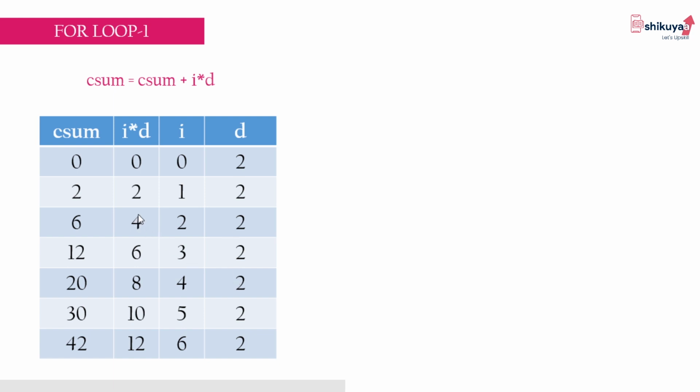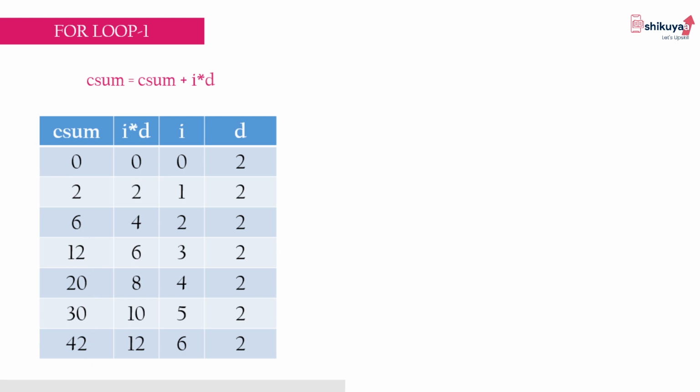Next, when I becomes 2, the difference is 2 itself. 2 into 2 becomes 4, so 4 plus the initial sum 2, that is C sum is 2 plus 4, becomes 6. In this way, we have incremented I from 1 to 6, correct? And finally we have got the sum as 42.